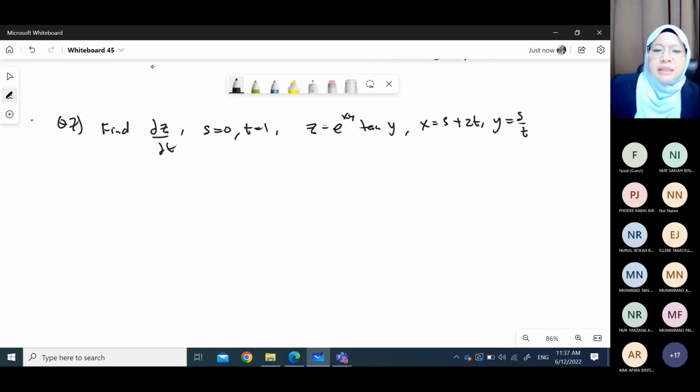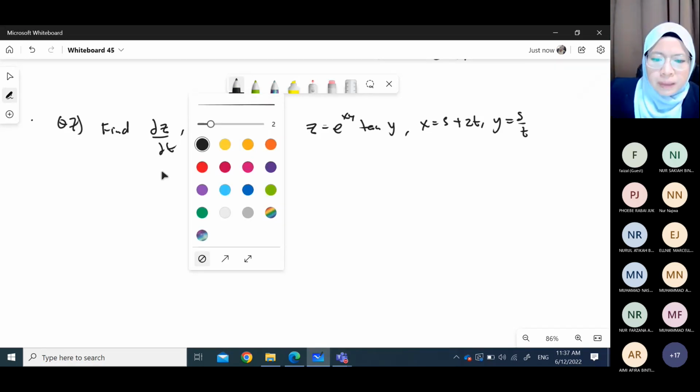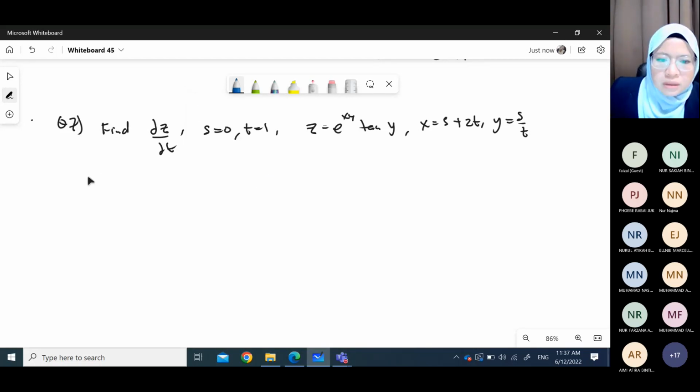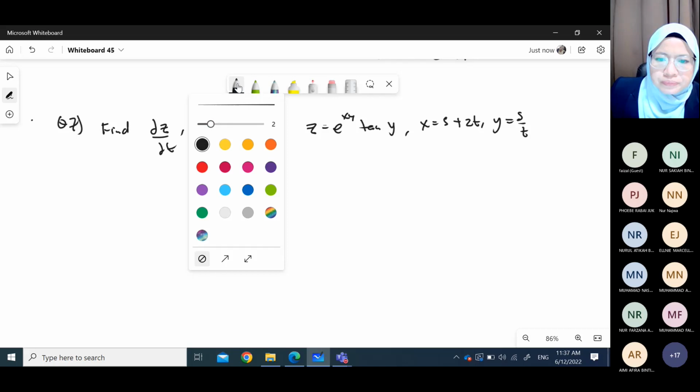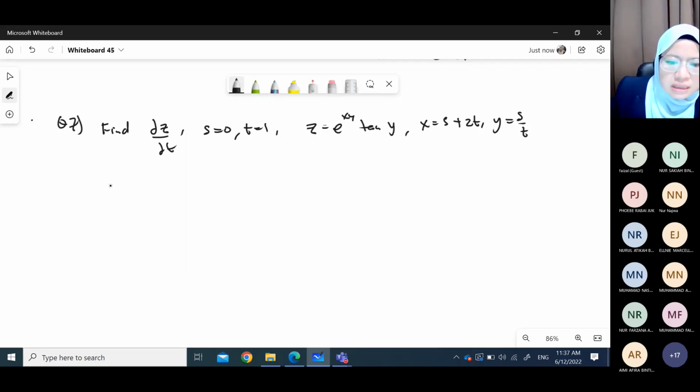So first you need to identify the formula for the chain rule method. Okay, you identify that one. So now, find del z del t. Kalau tak nak buat ni dulu, you boleh buat tree diagram.